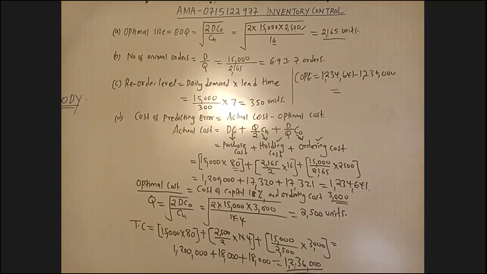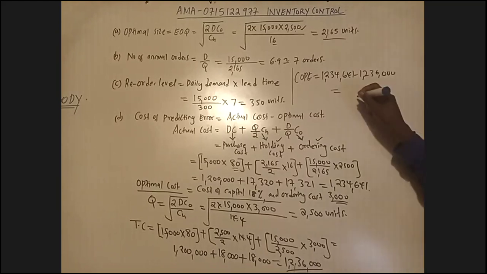And the first one I did not write well. I don't know if I put the correct figures. Divided by 2165 times 3,000. Anyway, fine, minus, you shall get your copy.